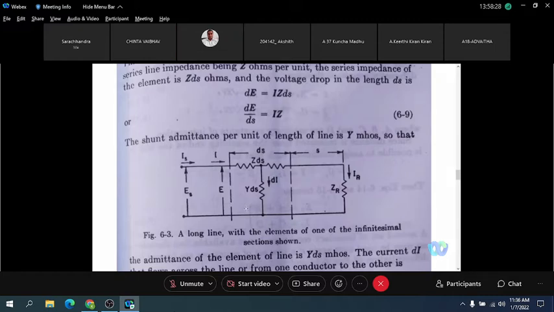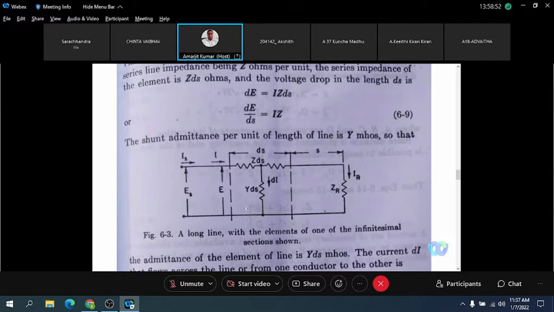Because the parameters are distributed along the transmission line. For 1 millimeter length of line, because it is defined per unit length, the resistance is R into 1 millimeter. And for 1 centimeter, R into 1 centimeter.